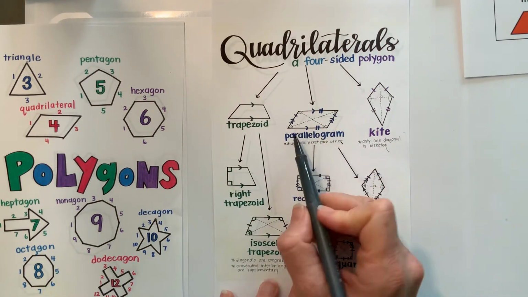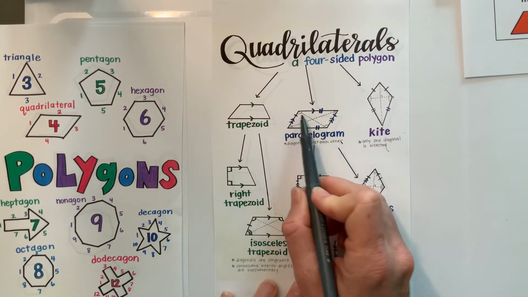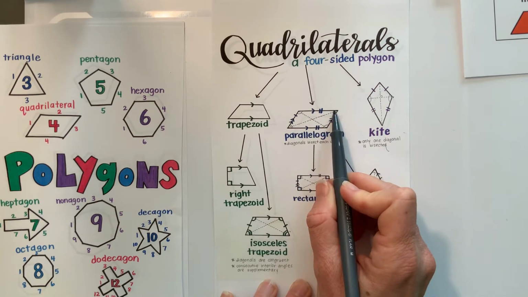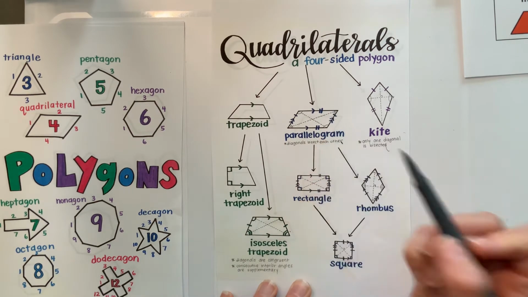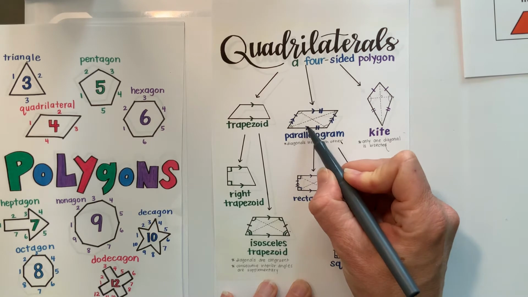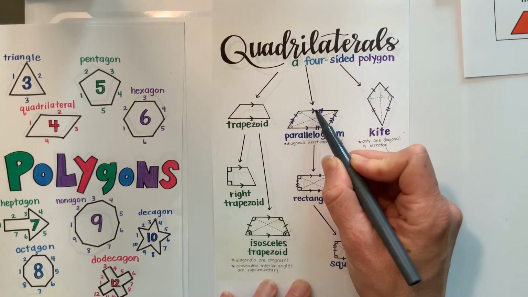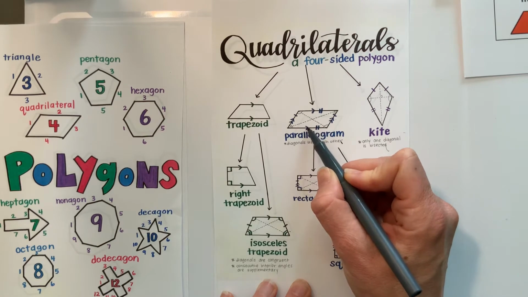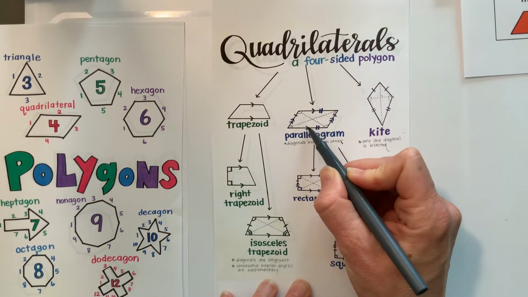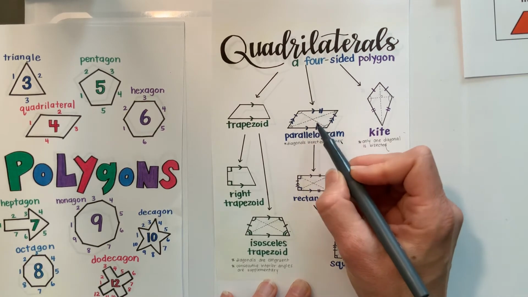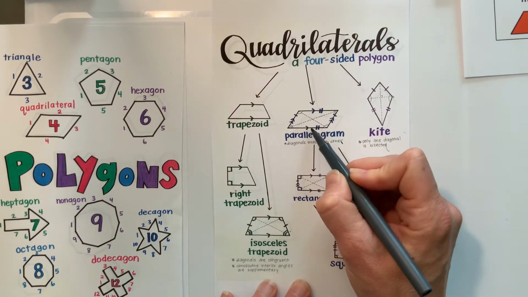So the opposite sides, so this side and that side, they are parallel and equal. So we have this set of symbols here. Do you see like the little ones that look like an arrow? That means that I'm saying that these two lines are parallel. If I put a little arrow that goes that way, like that matches, I'm saying these lines are parallel.